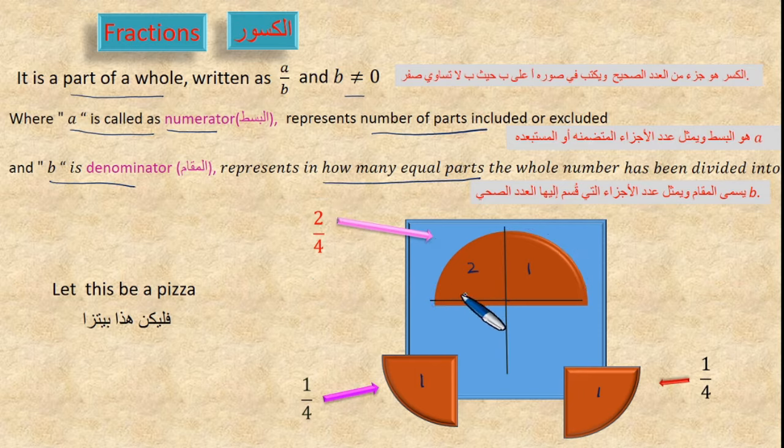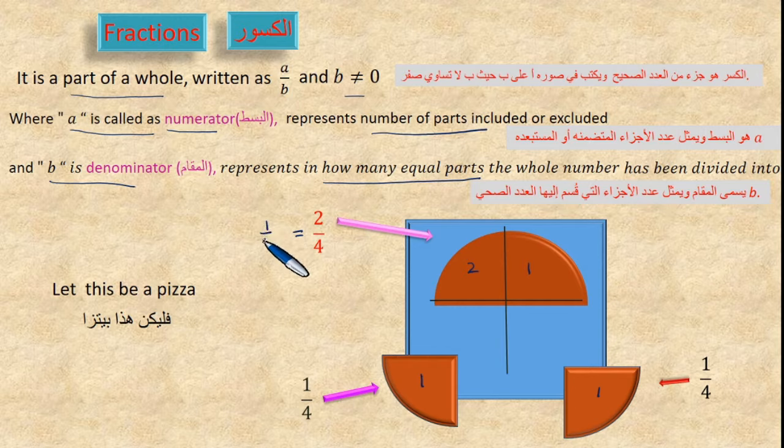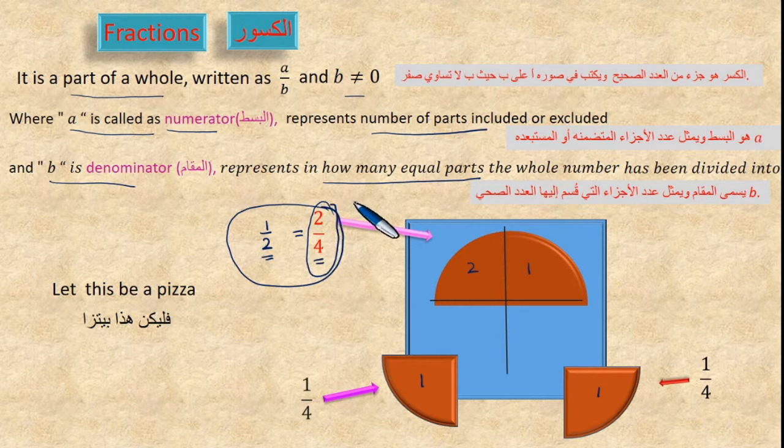If you concentrate here, this is of course 2 over 4, but this can also be said as half, right? Half of the pizza is nothing but 1 over 2. So 2 over 4 and 1 over 2 are both the same. These two are called equivalent fractions, and soon you are going to learn about equivalent fractions.